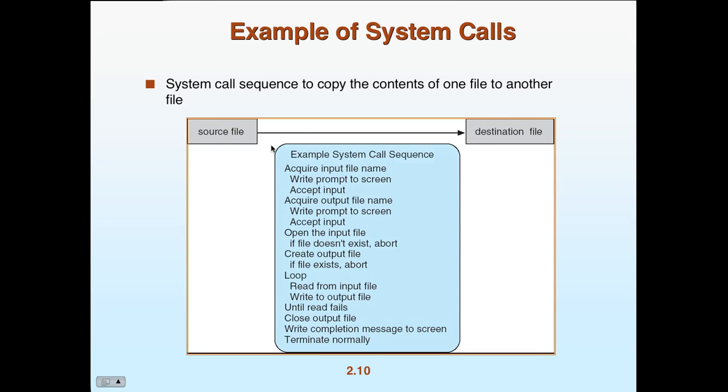ran the CP command. So you have to acquire the input file name, write a prompt to the screen, accept the input file name, acquire the output one, open the file if it doesn't exist, abort if it does, create an output file, and go through all these different things, and then finally at the end, transfer everything over, read and write, and then terminate normally.